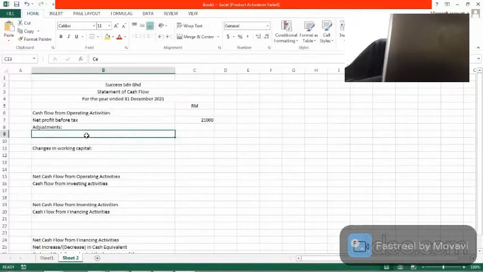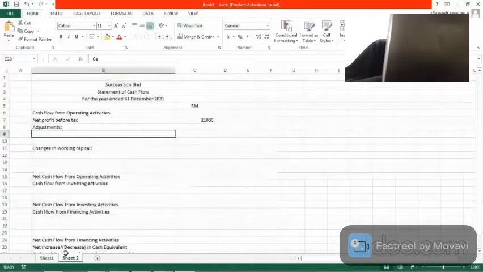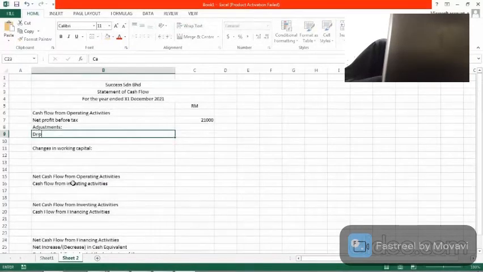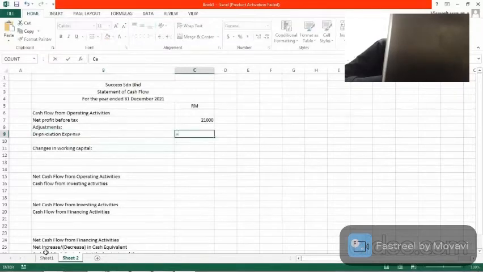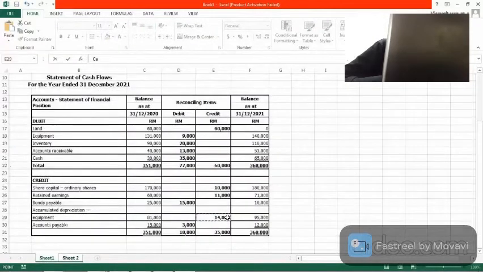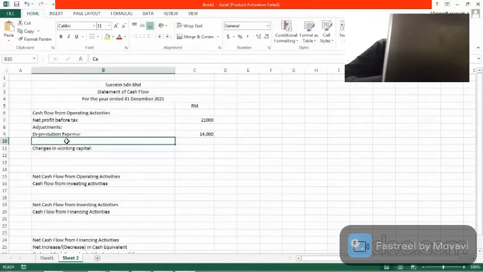For the adjustments part, we will record the non-cash items, which in this question are depreciation expense, which is 14,000, and loss on disposal of land.